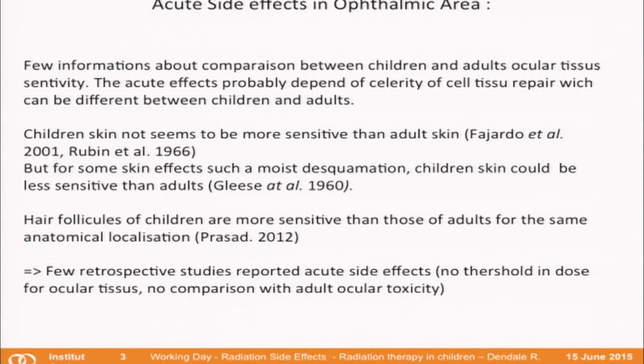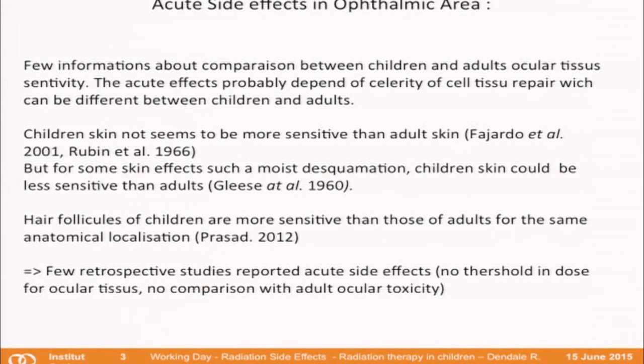Children's skin does not seem to be more sensitive than adult skin, and for some skin effects, such as moist desquamation, children's skin could be less sensitive than adults'. Hair follicles of children seem to be more sensitive than those of adults for the same anatomic locations.